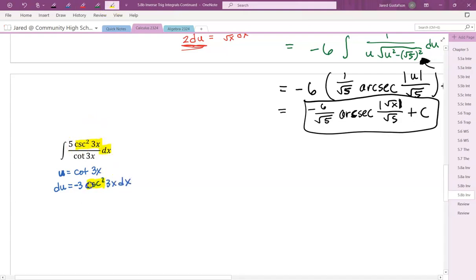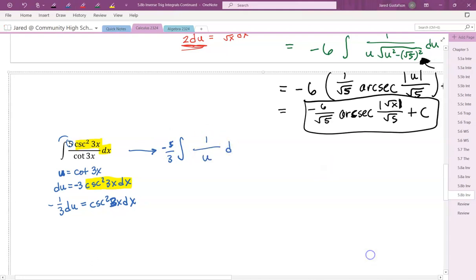And we can replace our cosecant squared of 3x dx with -1/3 du. Oops, I almost forgot the 3 right there. So rewriting our integral, let's bring the 5 out front. We have the -1/3, so -5/3, 1 over u du.